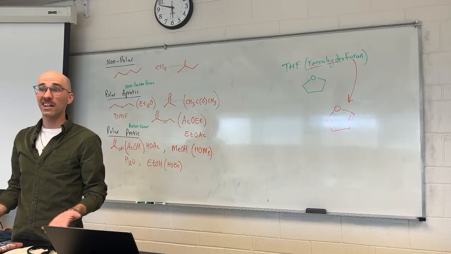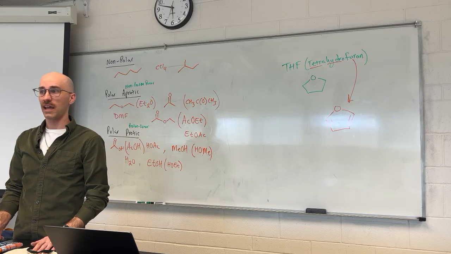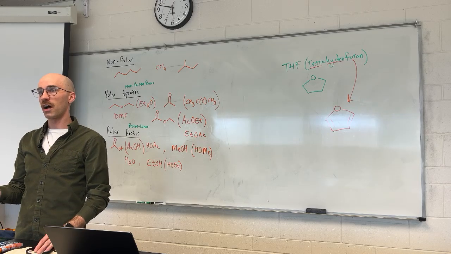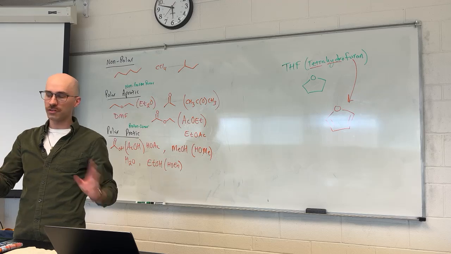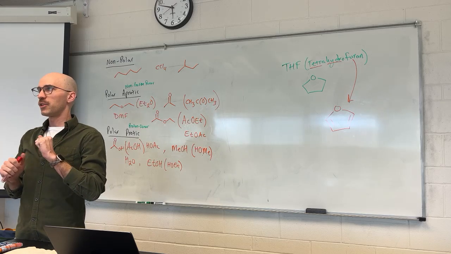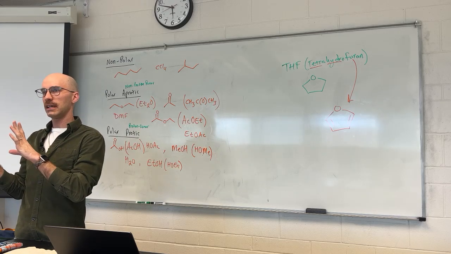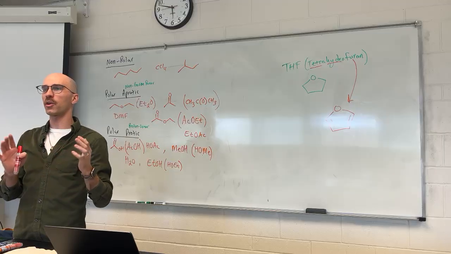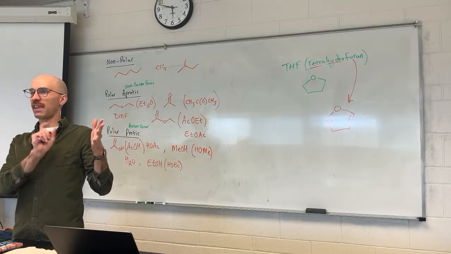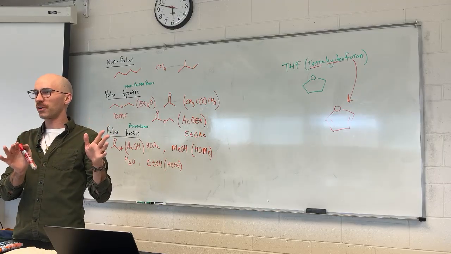There's not a lot of non-polar solvents, to be honest. Hexane is by far the most common. And to be honest, there's two types of hexane. You can purchase hexane, which is very expensive, or you can purchase hexanes, the S at the end, which is much cheaper.